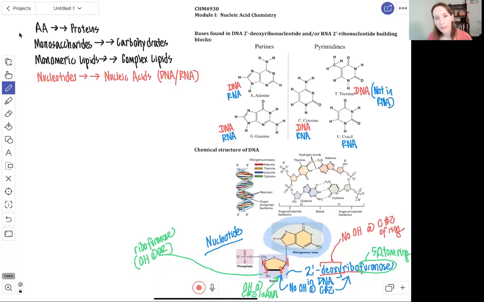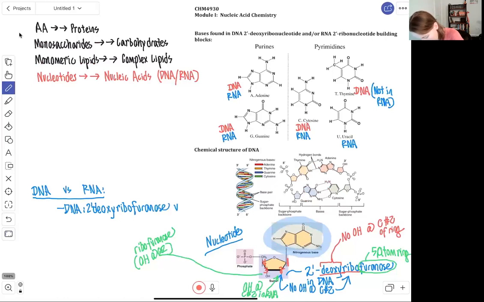So when we're thinking about the building blocks of DNA versus RNA, to summarize, DNA has a different sugar group. It's going to have 2' deoxyribofuranose versus RNA has ribofuranose.